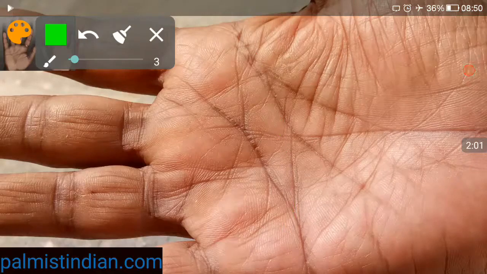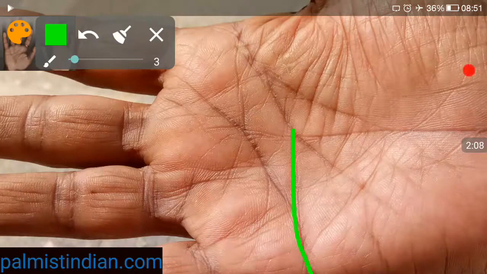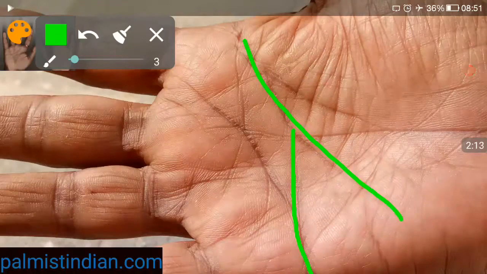So what is happening is this particular line, the heart line, whenever it's coming and joining into the headline, it basically means unreasoned passion.